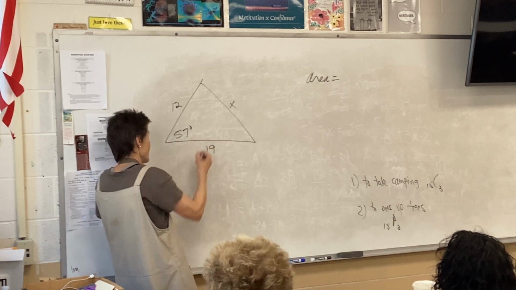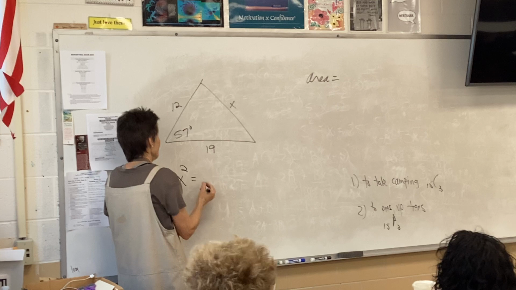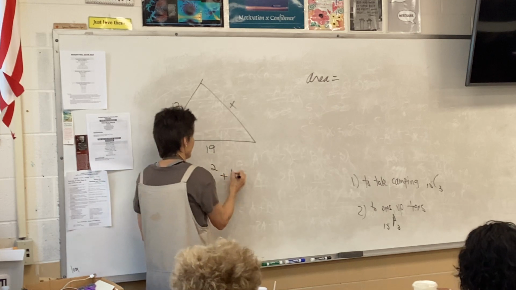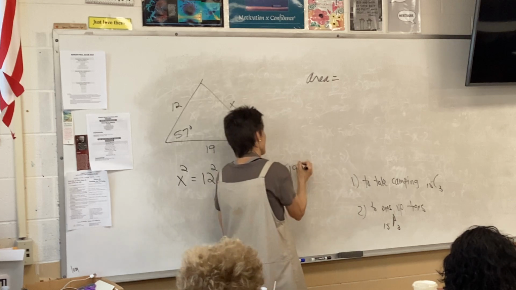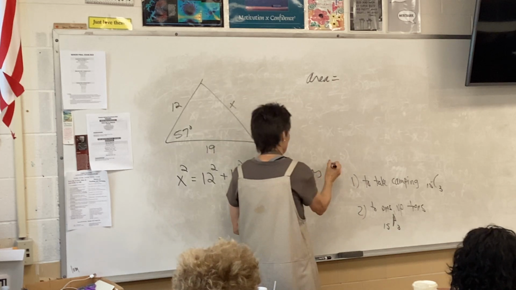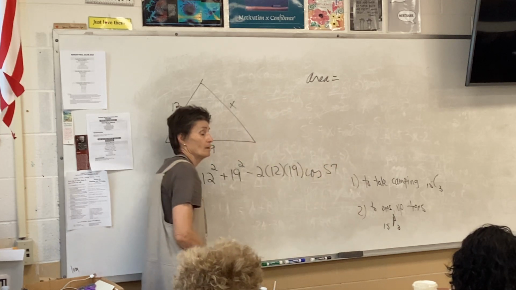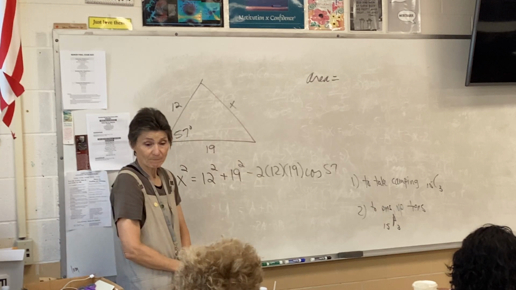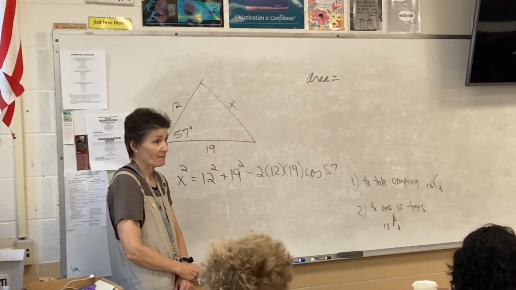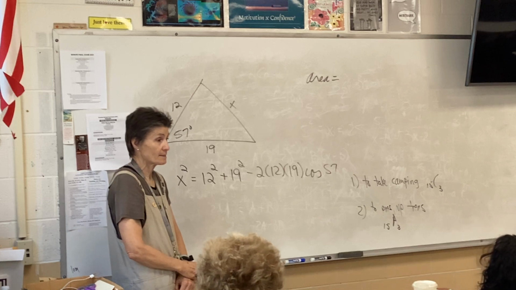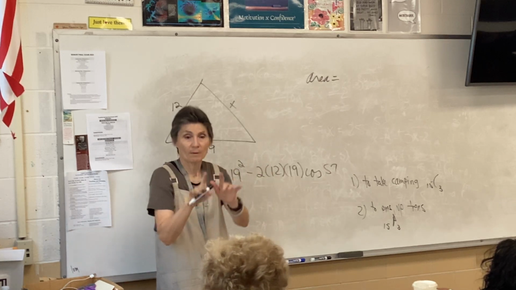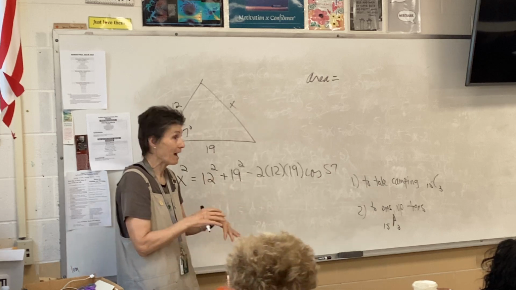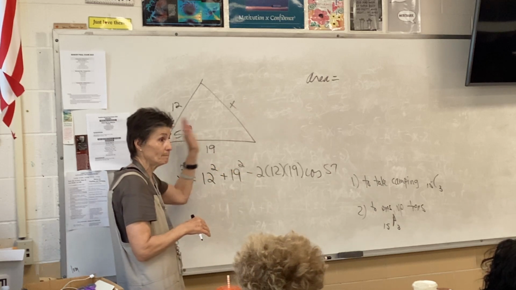Law of cosines says x squared equals 12 squared plus 19 squared minus 2 times 12 times 19 times cosine 57. Right? So if you're a little confused by that, you need to look at the law of cosines, which is a squared equals b squared plus c squared minus, and see how these pieces fit in.